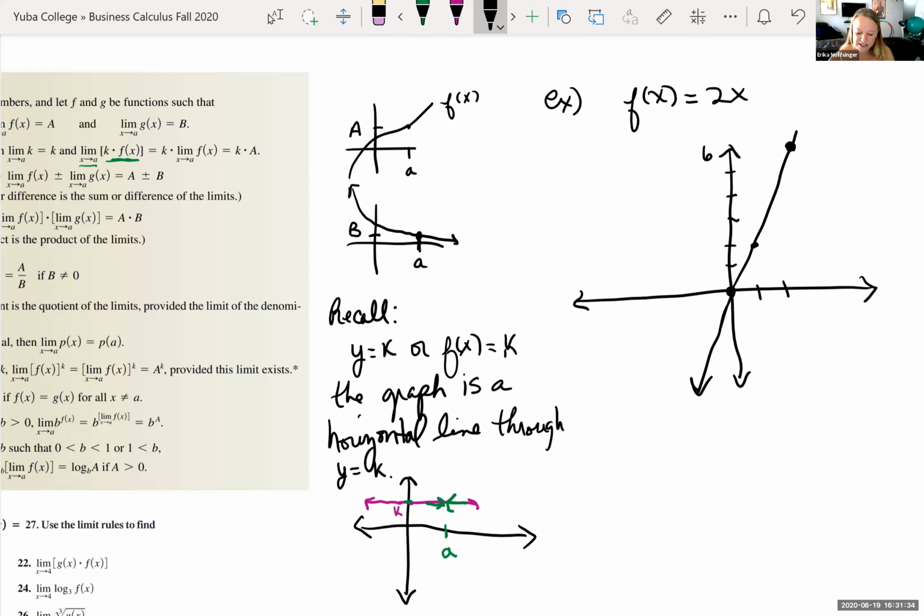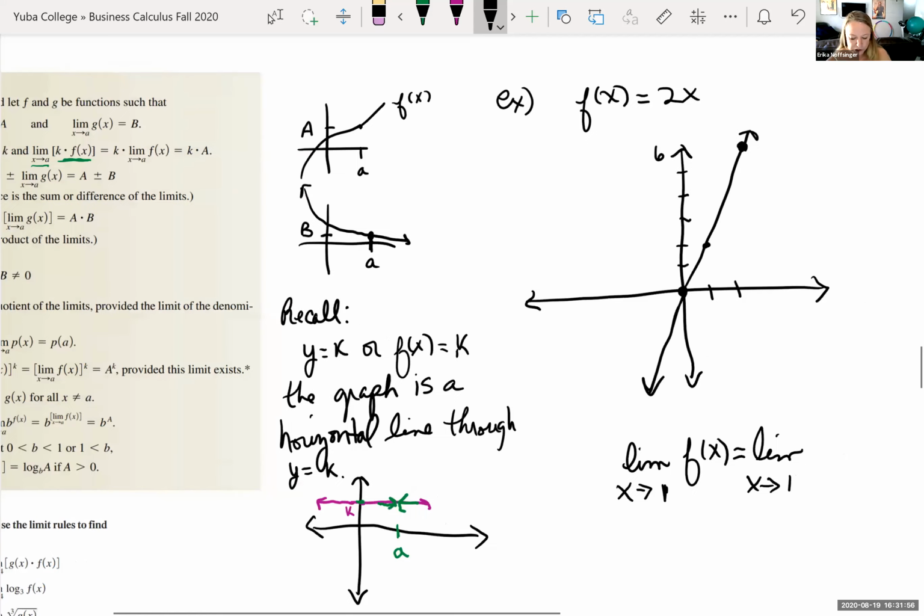So if I wanted to look at the limit of this, let's just look at it first graphically. As x approaches, let's just think of one number. How about 1? Of this f of x, which I could say is the same thing as the limit as x approaches 1. Let's just put in the equation of what f of x is in this case. F of x in this case is equal to 2x.